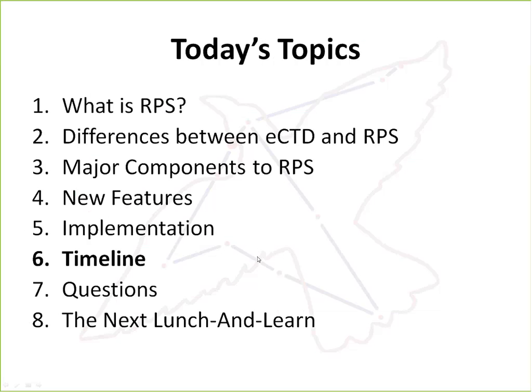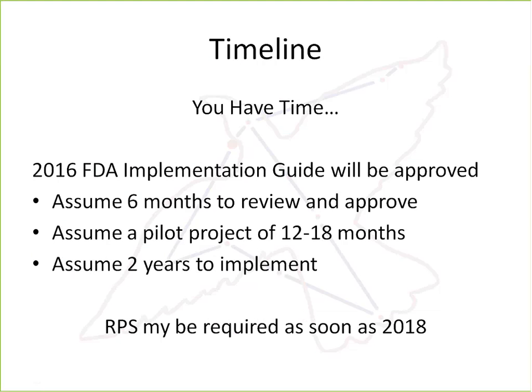So what's our timeline look like? You do have time. This is not a thing that's going to happen tomorrow. They've been working on this standard for better part of a decade, and it'll be several years before it's even possible for you to try to use it.